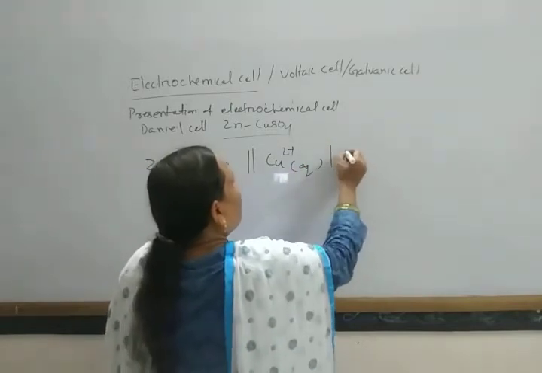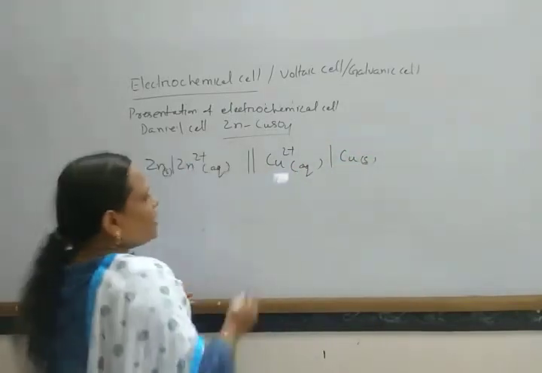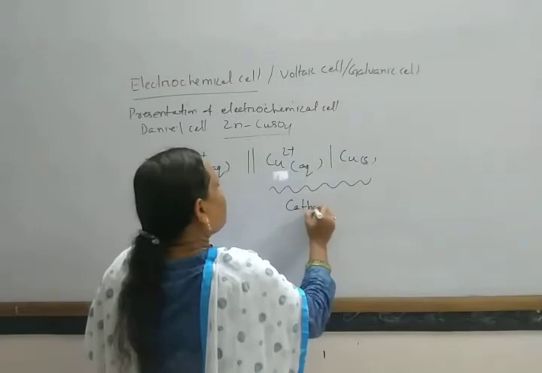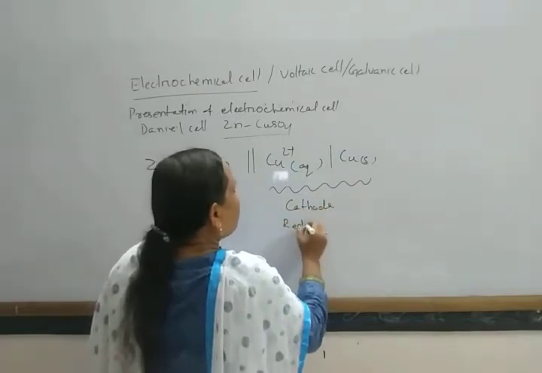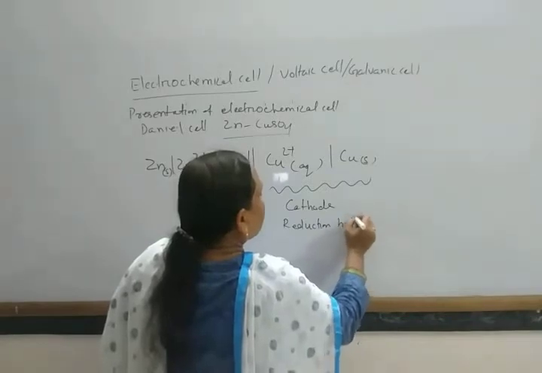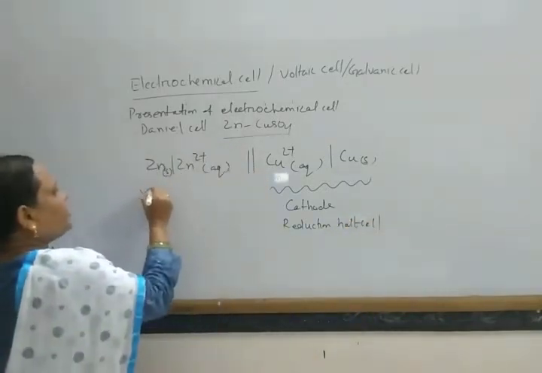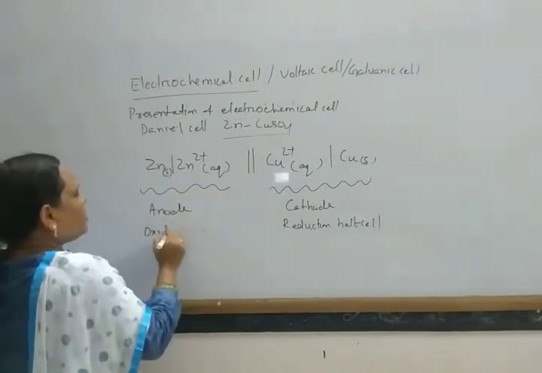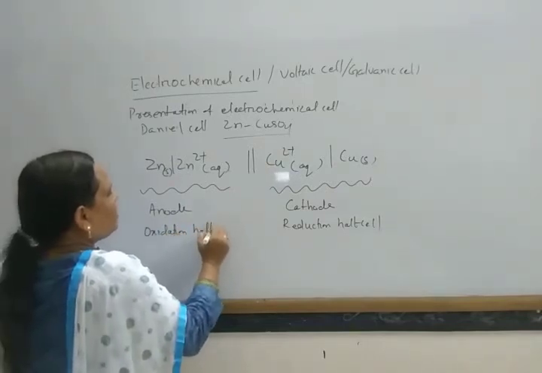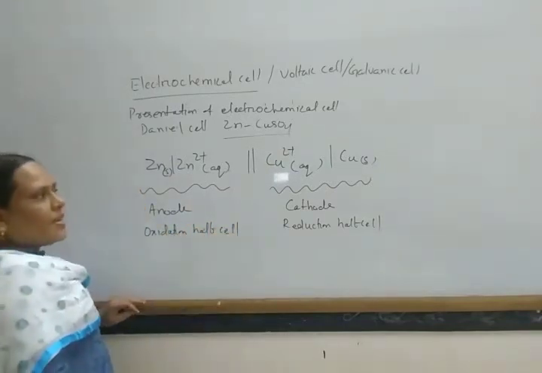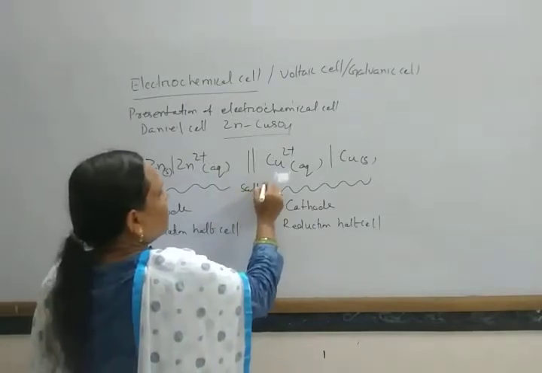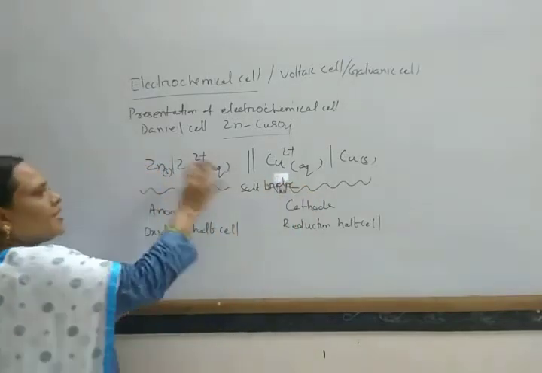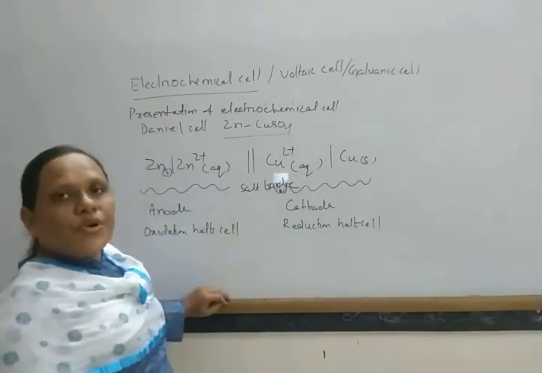Then the metallic copper. So this represents the cathode, that is your reduction half cell, and this represents the anode. This is the general presentation of an electrochemical cell.